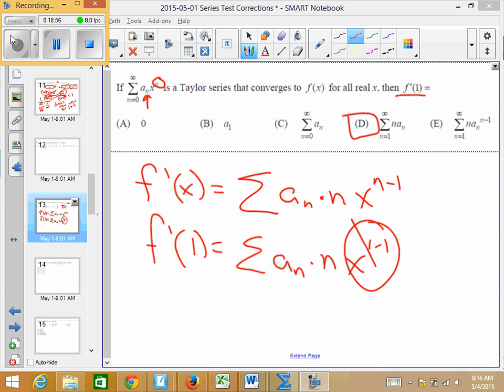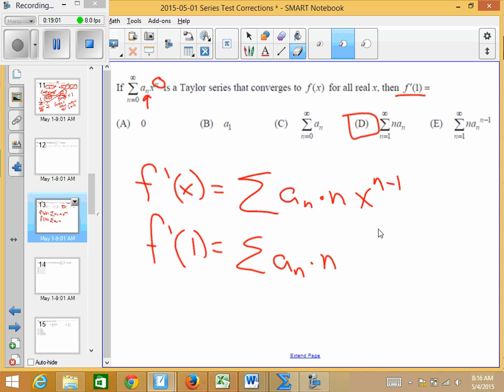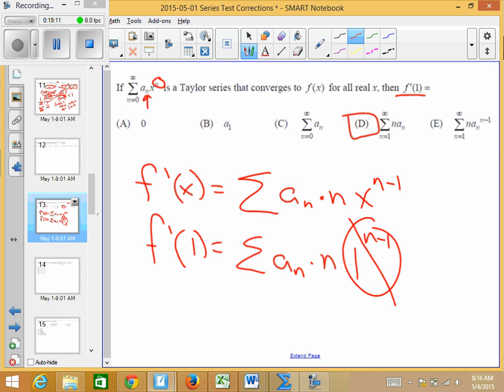So I made a mistake. This is not x to the 1 minus 1. 1 is 2 minus 1. It is still equal to 1 plus 8.